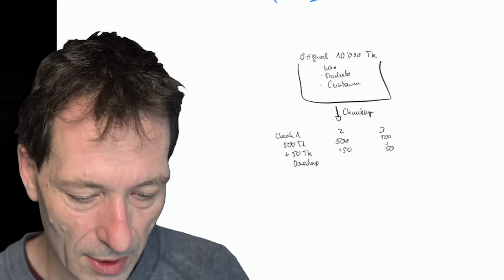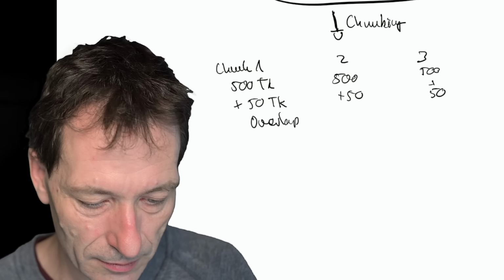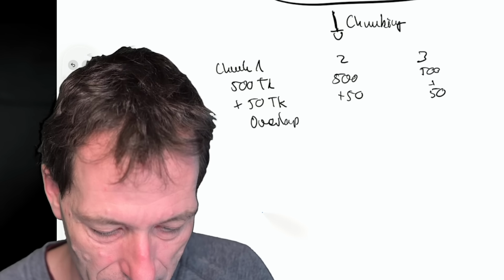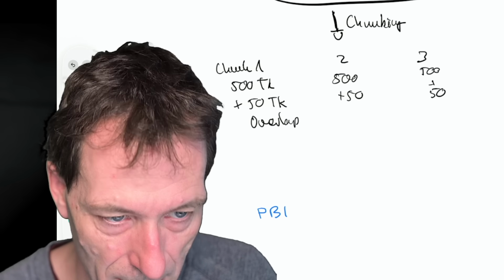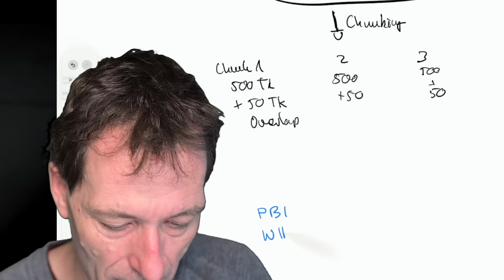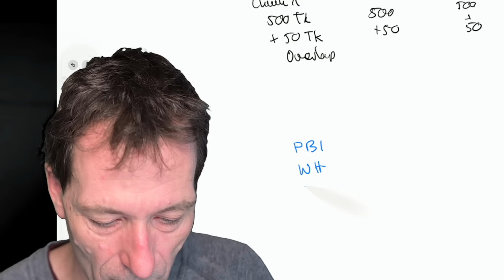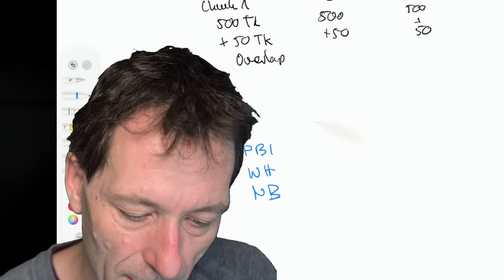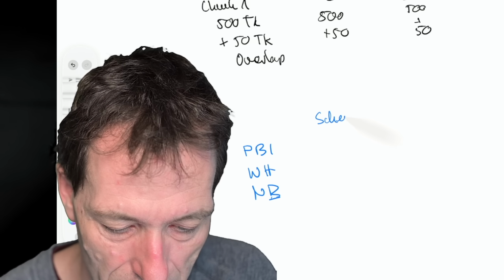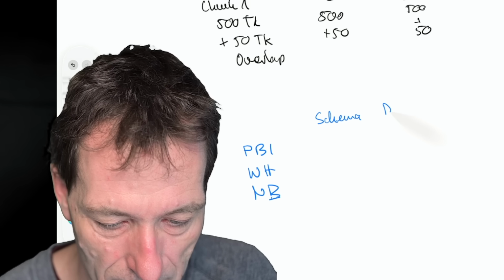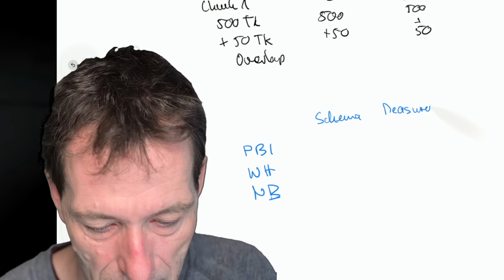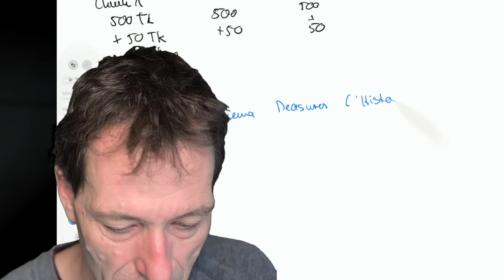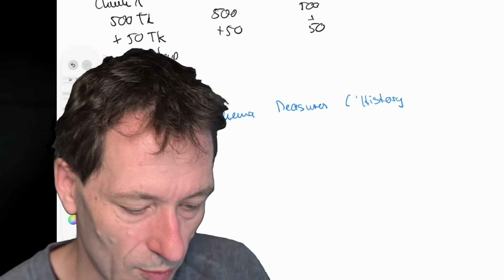So when we have a look at the different Copilots, we have Copilot for Power BI, we have Copilot for Warehouse, just as an example, and we have Copilot for Notebooks. There are more Copilots than Fabric, I know. And we have the schema, we have measures, and we have the chat history. So what is collected where?